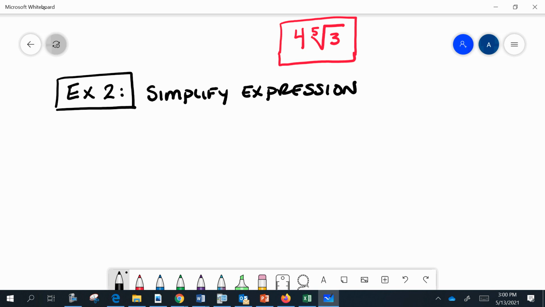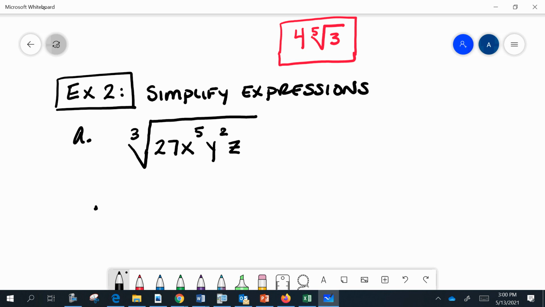For part A, let's look at the cubed root of 27 x to the 5th y squared z to the 6th. I have to be honest, this problem looks way more intimidating than it's really going to be.